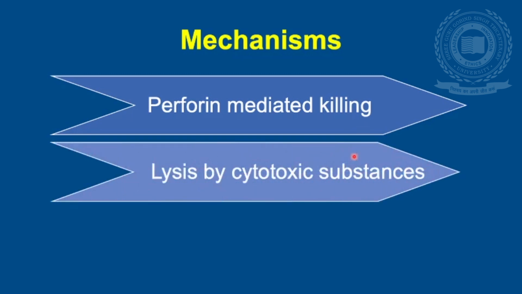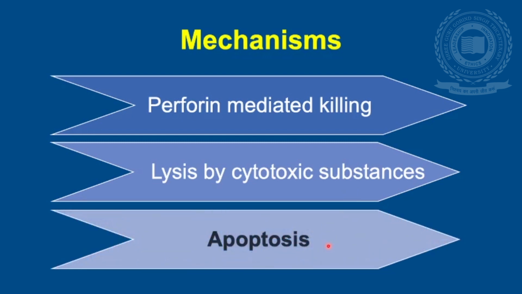The second mechanism is lysis by the cytotoxic substances. After binding with the target cells, the cytotoxic cells enlarge and release the cytotoxic substances. The third mechanism is apoptosis, also known as programmed cell death.